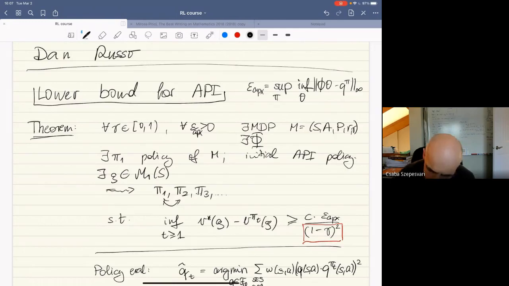And here, in his paper, you will see a different definition for the approximation error, but you can account for the differences.